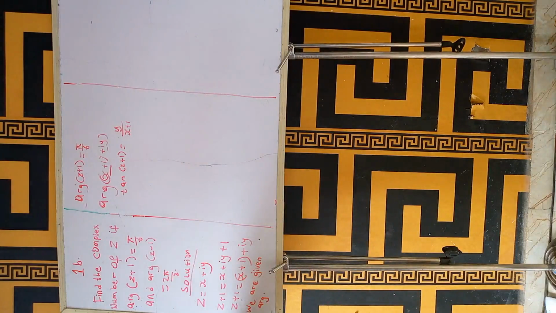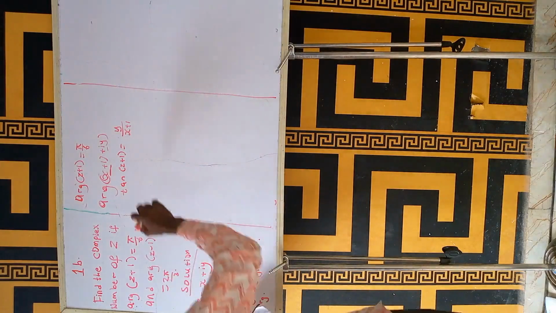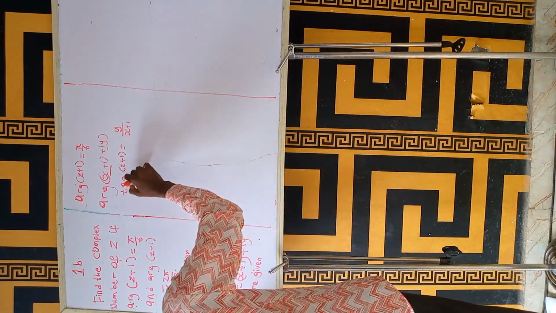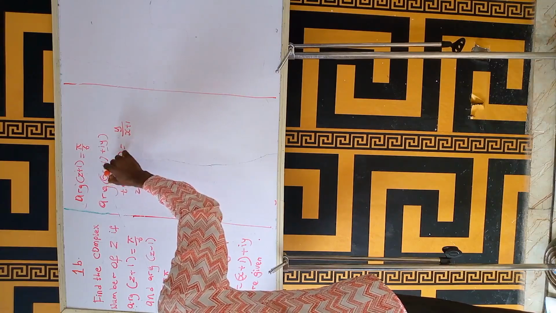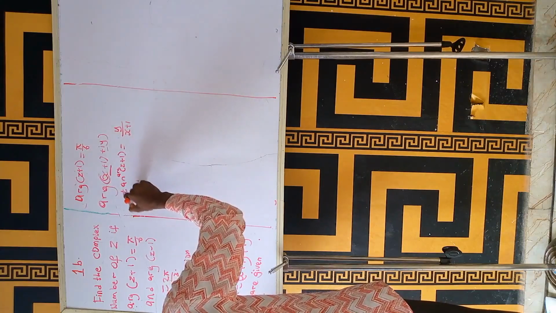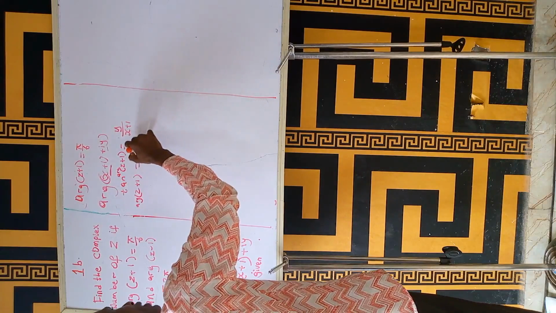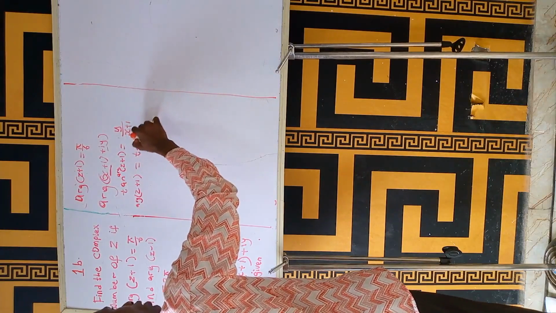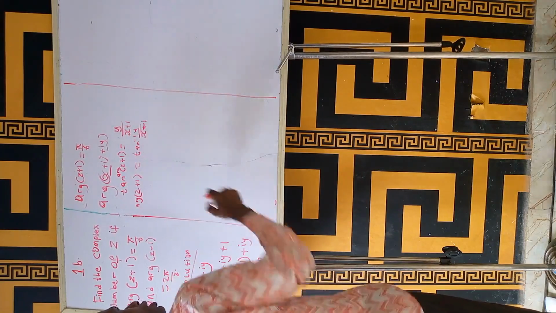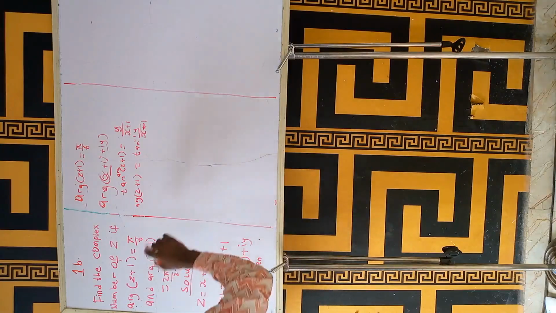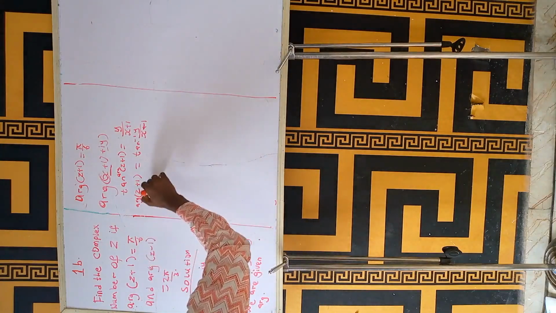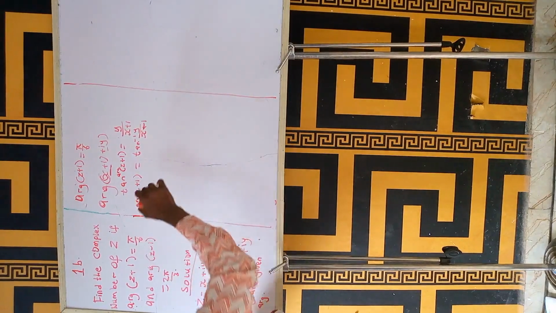Do you get what I'm saying? You can have the argument of Z plus 1 equal to tan inverse of y over x plus 1. Are you getting it? That means the argument of Z plus 1 is pi over 6.